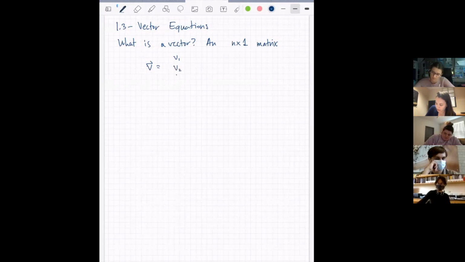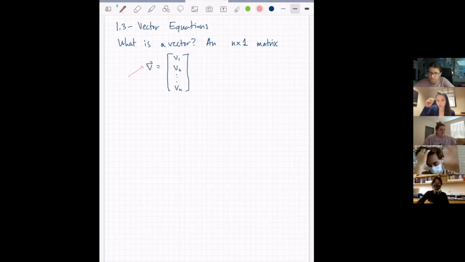It will look like a matrix, but it only has one column, right? This is how I will denote a vector in this class. When I'm writing down vectors, I write a little arrow, but it only has one slash on it. So this denotes a vector.